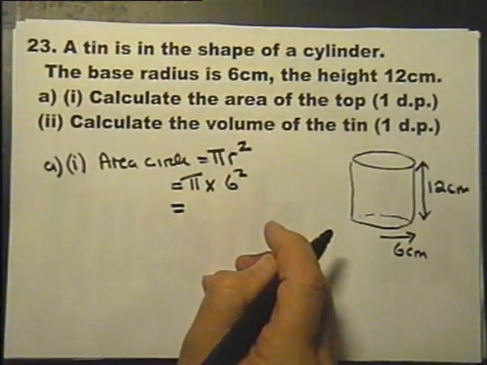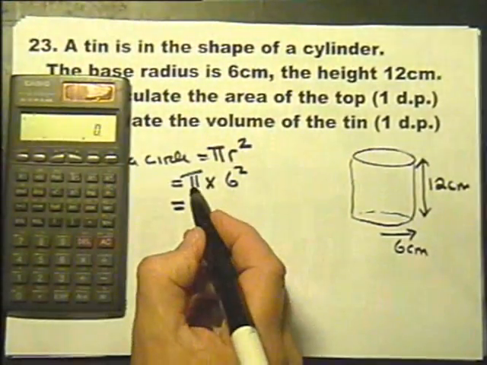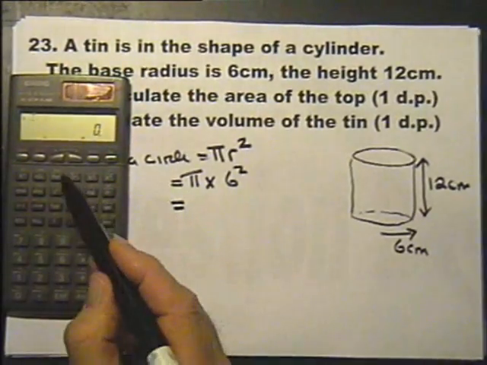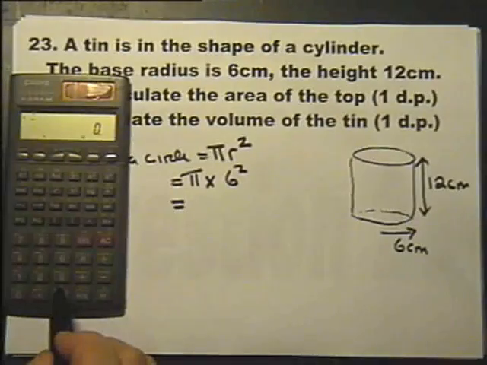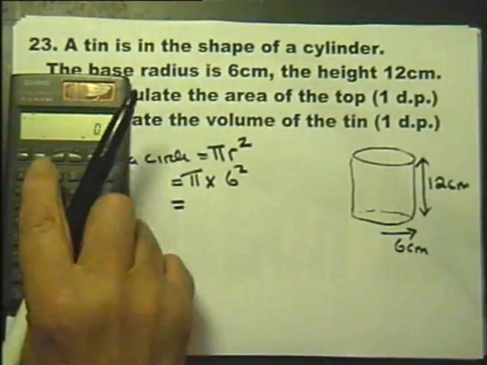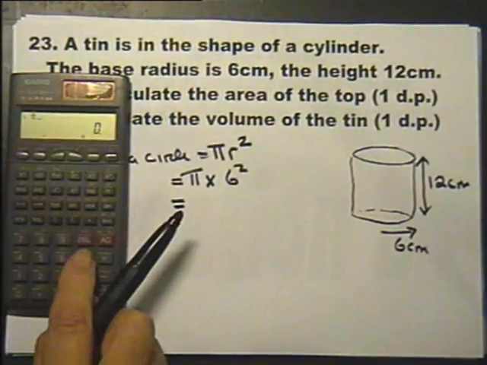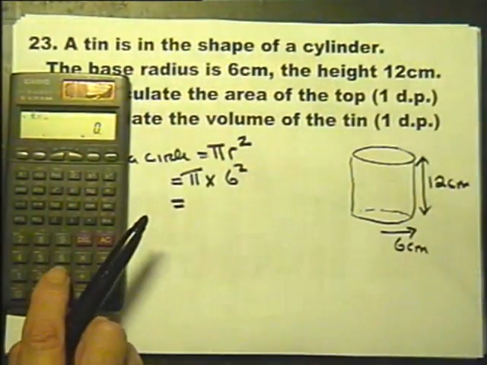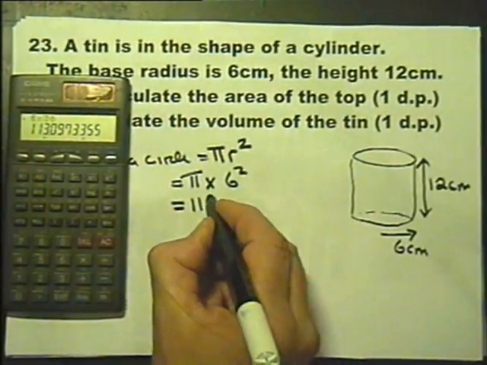So here we go with the calculator, and knowing your own calculator, how important is that to know where the pi button is? Because it won't be in the same place on all calculators. On this calculator it's there. But I have to press that button first to get it. So there's pi multiplied by 6 squared, or 36, because I can work that out in my head, but you don't have to.